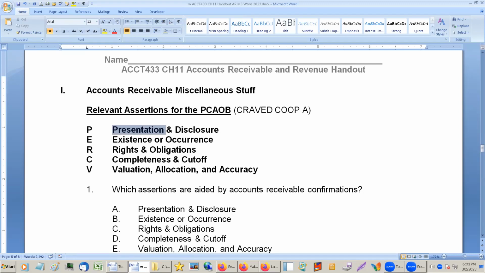That the presentation is correct, the disclosures are correct, that there is existence, for instance, for assets, or occurrence, for something like sales. Rights and obligations are that you actually own what they are.